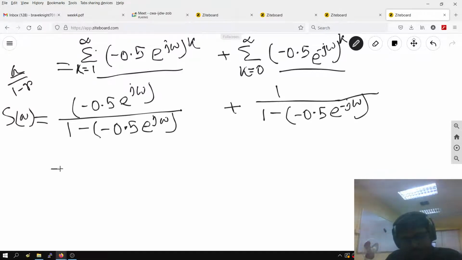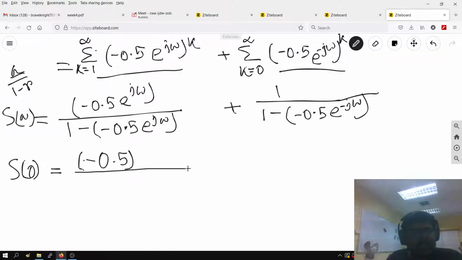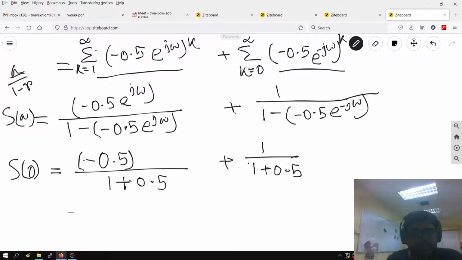So if I derive for s equal to 0, one plus 0.5 plus 1 by 1 plus 0.5, so this becomes minus 1 by 3, and this is plus 2 by 3.